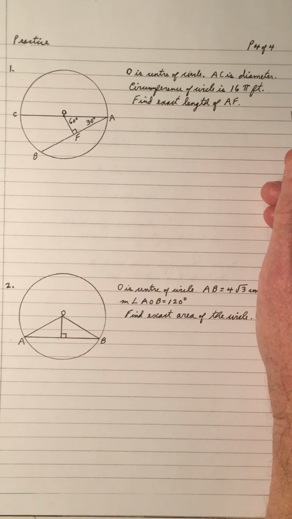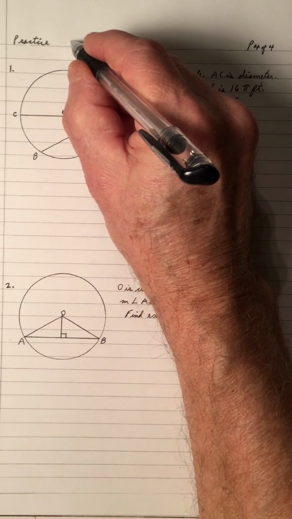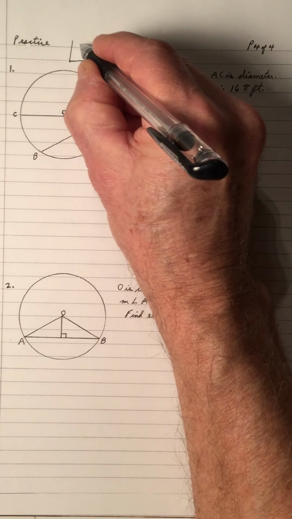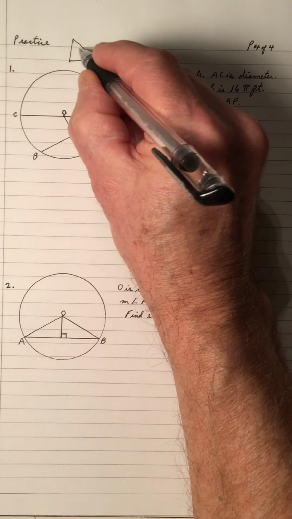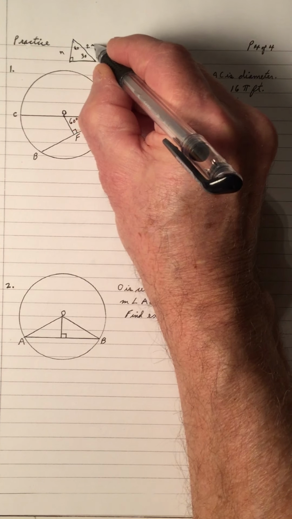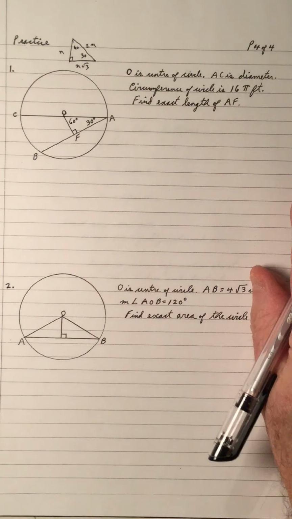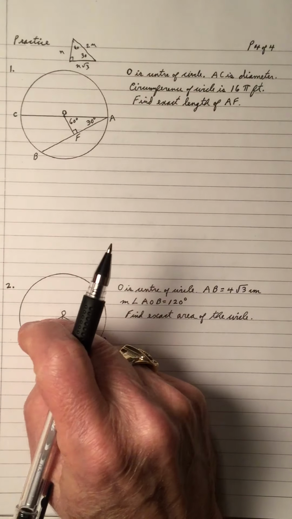And again, think about it, we got a 30, 60, 90 right triangle. So that's n, that's 2n, that's n root 3. I write that down. When I start, this is what I write down, then I compare.